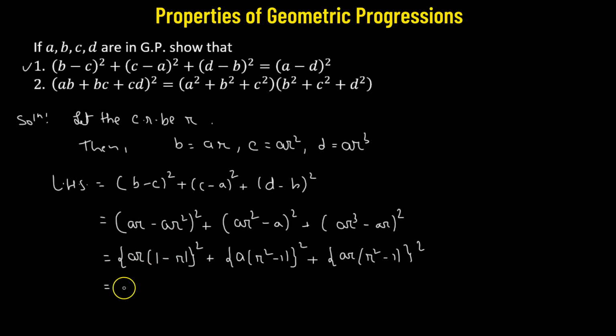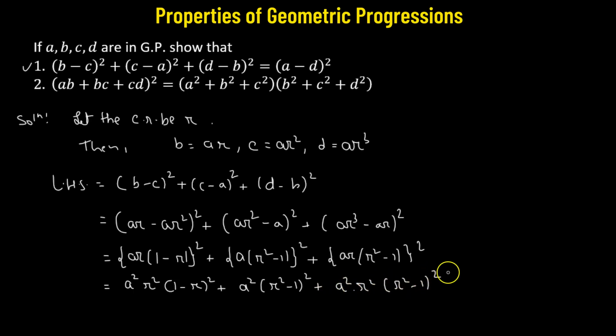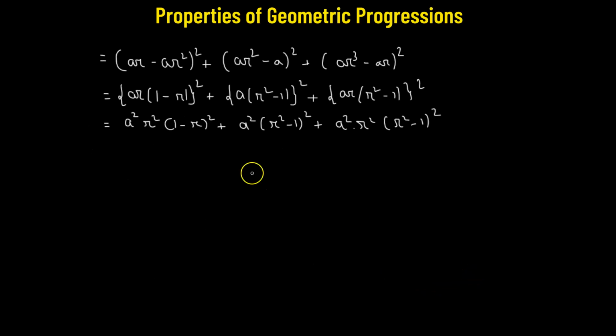So this can now be expressed as a squared times r squared multiplied by (1 minus r) whole squared plus a squared multiplied by (r squared minus 1) whole squared plus a squared times r squared multiplied by (r squared minus 1) whole squared.